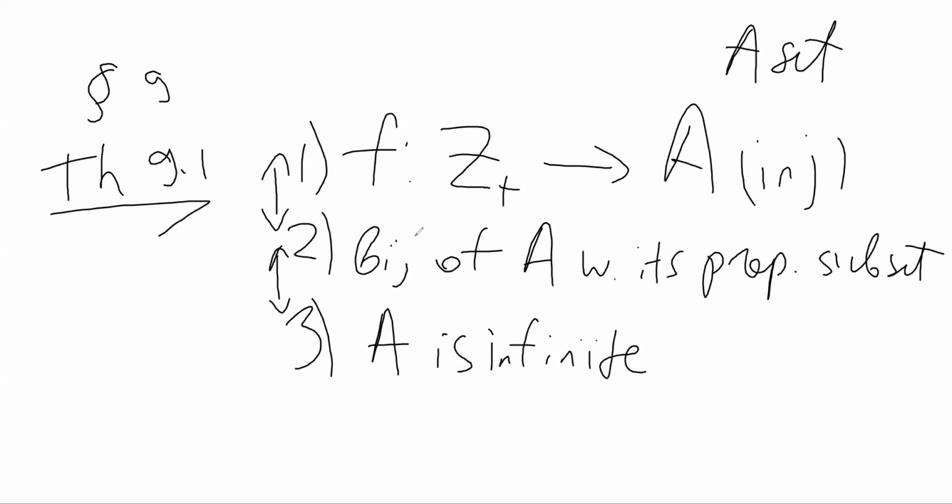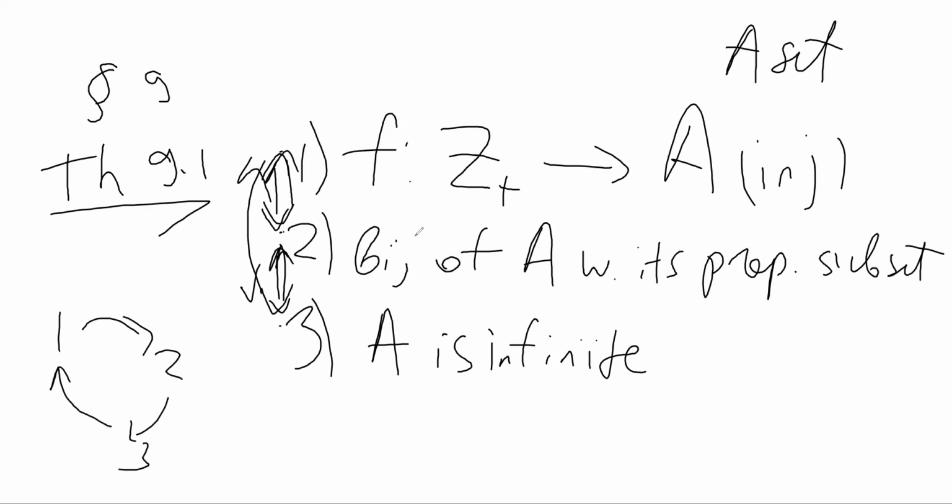You can prove it pairwise, and because equivalence is transitive, if 1 is equivalent to 2 and 2 to 3, that means 1 is equivalent to 3. But we also can do it in a cycle: from 1 to 2, from 2 to 3, and from 3 to 1. That's probably what we're going to do today.